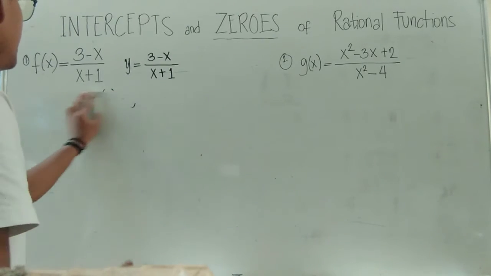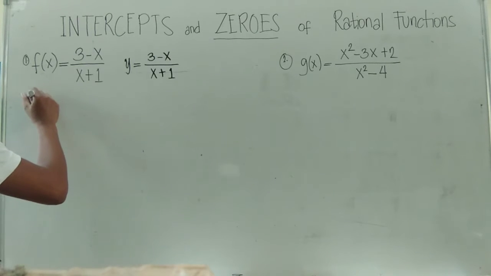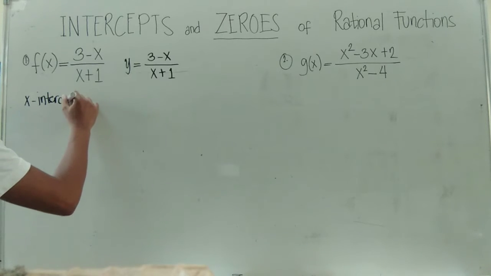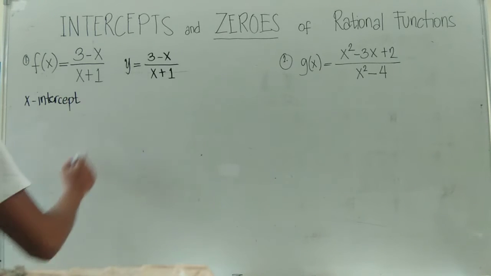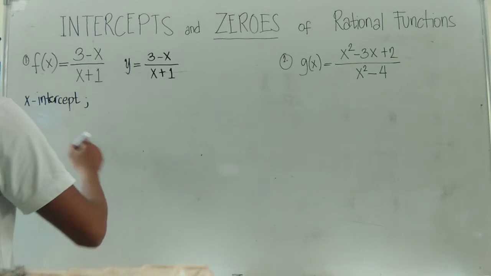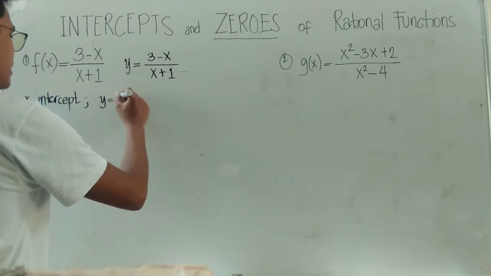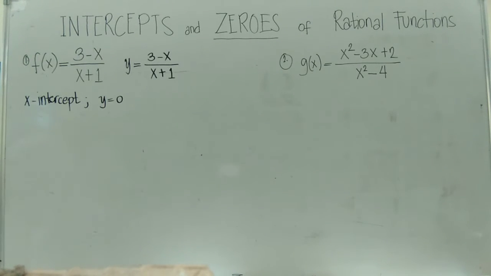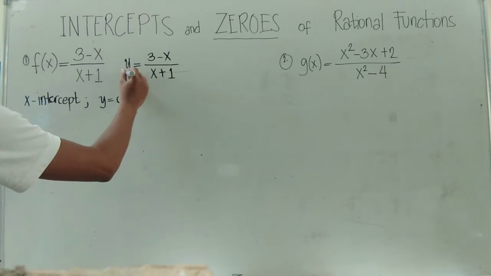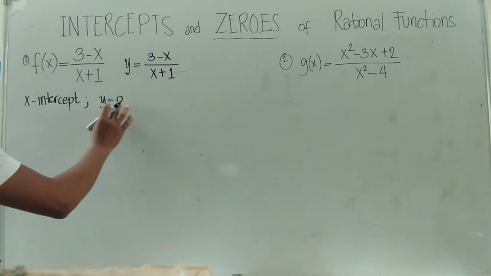First, let us try to solve for the x-intercept. The x-intercept, by concept and definition, can be solved when y is equal to 0. That is the reason why we can make f of x equal to y, for us to solve y equals 0.